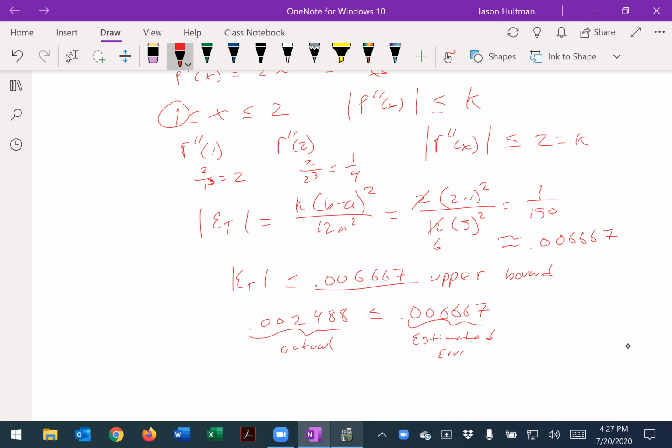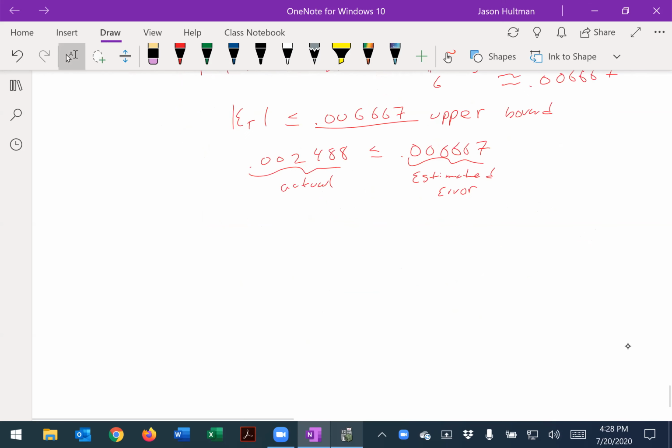And we could do the exact same thing with the midpoint. What was the midpoint formula here?